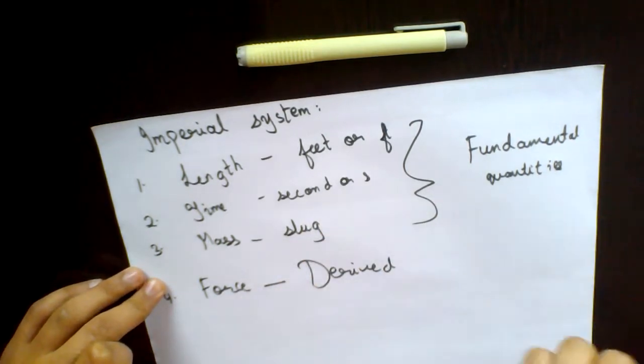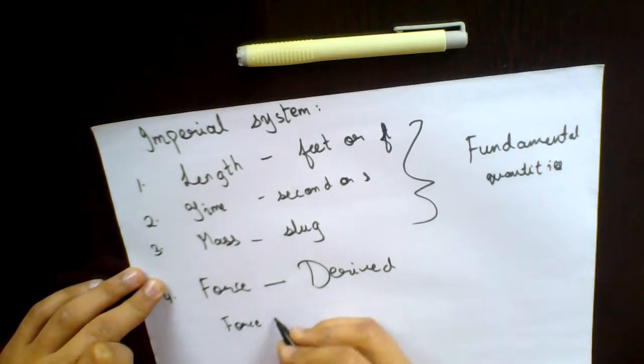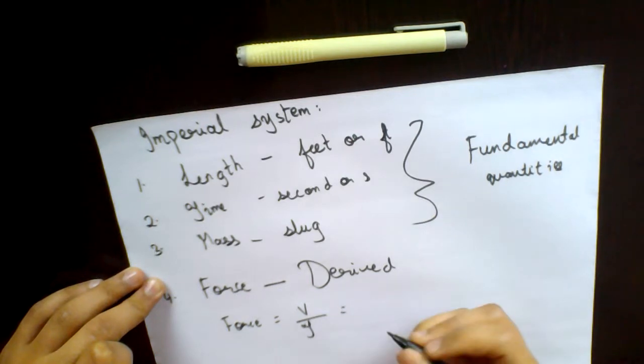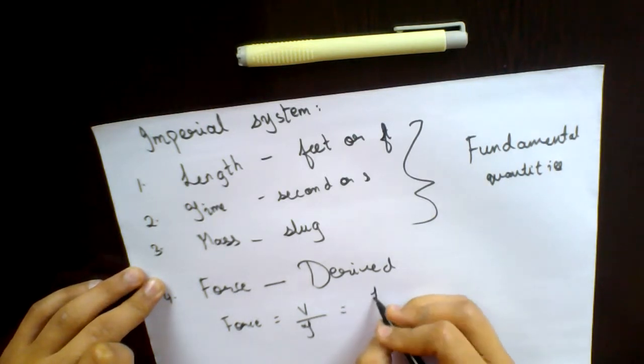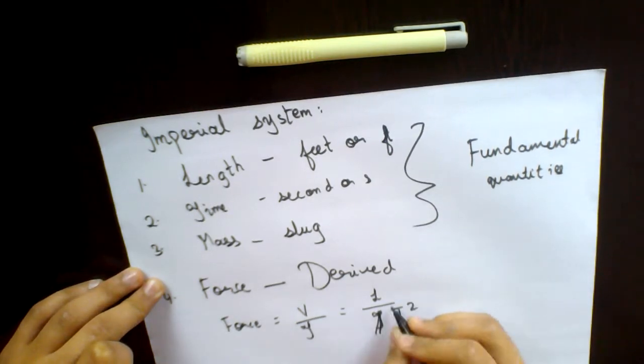So now force, as we all know, is mass times acceleration. Now what is acceleration? Acceleration is velocity upon time, and velocity is length upon time, which makes it length upon time square.